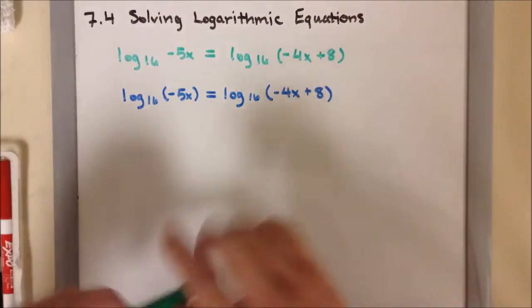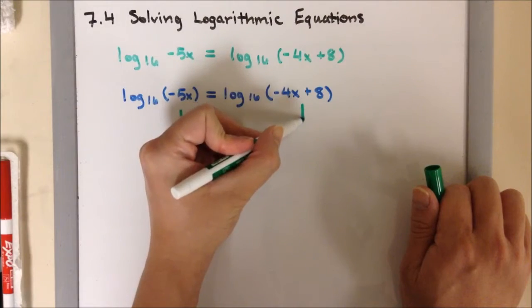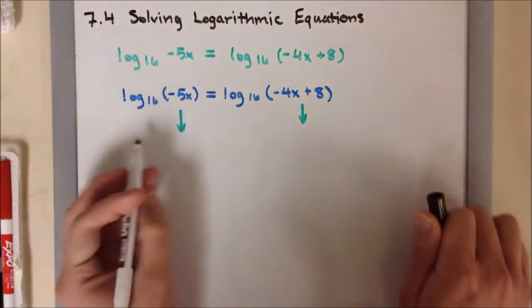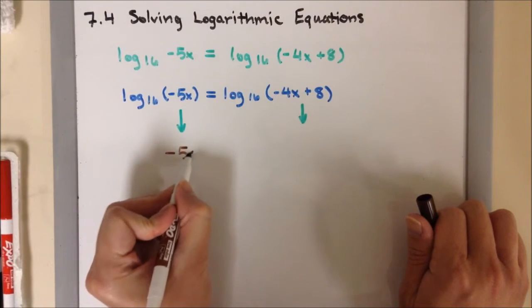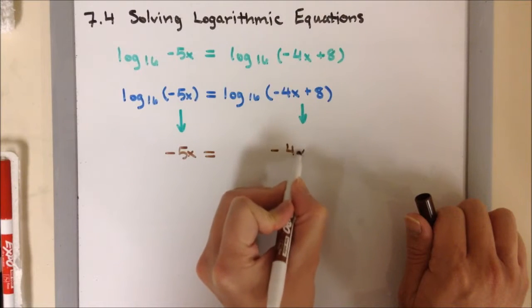So basically we're going to bring down negative 5x and negative 4x plus 8. So it'll be negative 5x, the equal sign, then negative 4x plus 8.